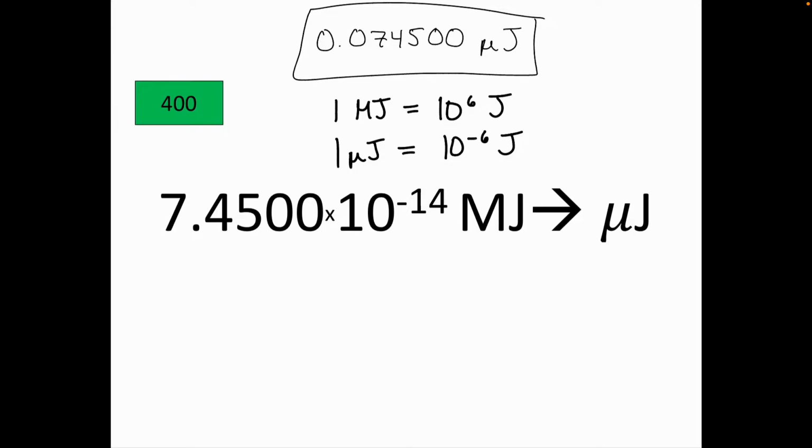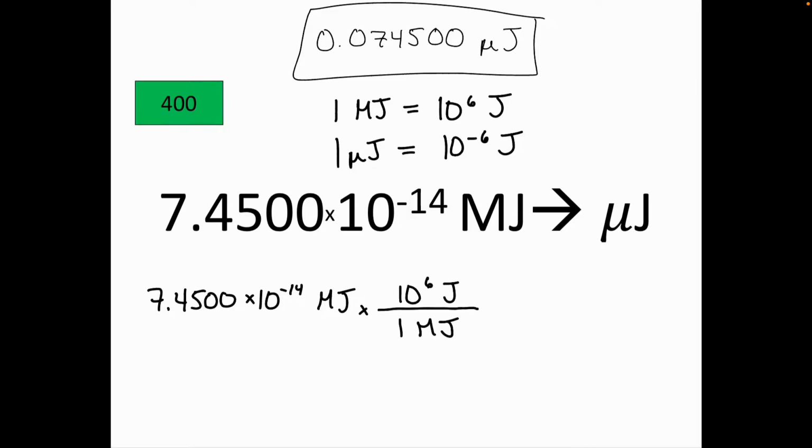So then I'm going to set this up with what's given, 7.4500 times 10 to the negative 14 megajoules. So then I'm going to need to put megajoules on the bottom. If I stopped there, I'd convert from megajoules to joules, but it wants me to go one step further and convert to microjoules.